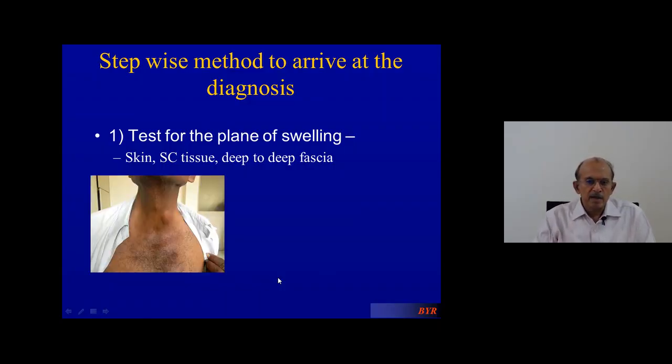For example, this swelling is there. You can make out this swelling here, isn't it? So is it a skin swelling, subcutaneous swelling, or swelling deep to the deep fascia? And of course, deep to deep fascia means it can be from thyroid swelling. So what tests do you do?